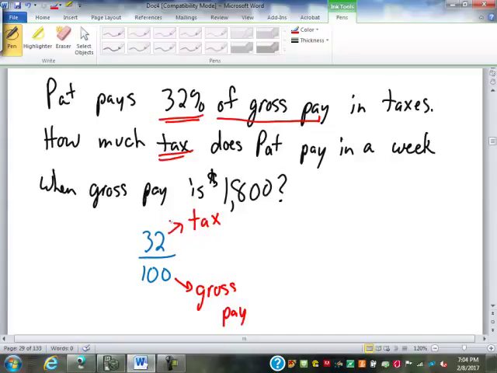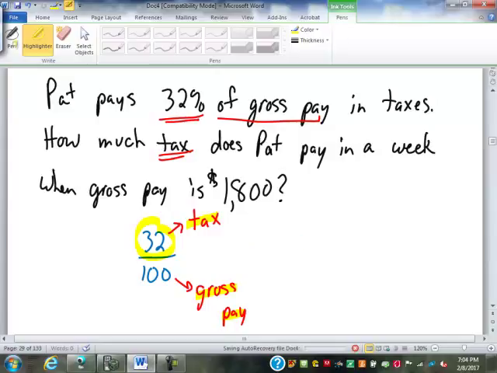Now we're going to pause for a second. Remember, this top number, the 32, is the piece we're focusing in on. Is the tax a piece out of the gross pay? Yeah, it is. The tax is always a portion of your gross pay.